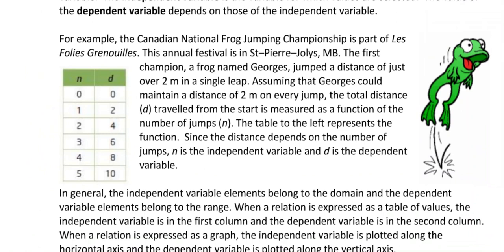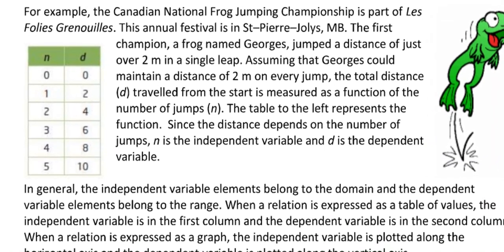So what they're saying there, n in this case, what did they tell us? n is the number of jumps, right? So the number of jumps is kind of what's going in. If you've got 0 jumps, you've got 0 distance coming out.